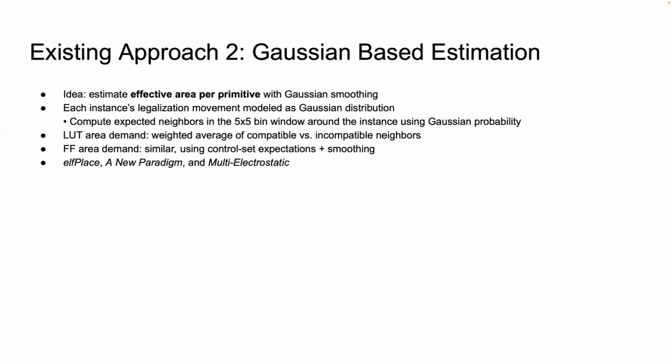Each instance's legalization movement from the given global location to the legalized location is modeled as a Gaussian distribution, and they empirically choose a 5-pin window around the instance using Gaussian probability. They multiply the X and Y probabilities in the Gaussian distribution, and the area is a weighted average of compatible and incompatible ones, but they also consider the control set expectations for flip-flops, the clock and SR signals.